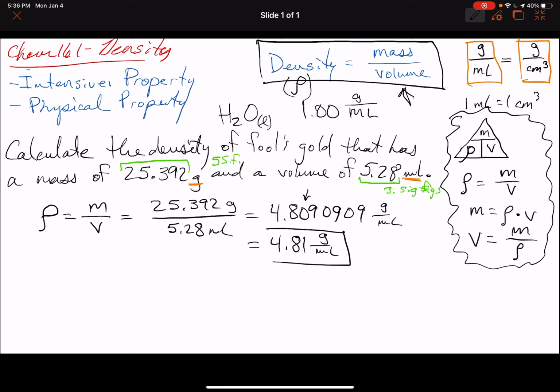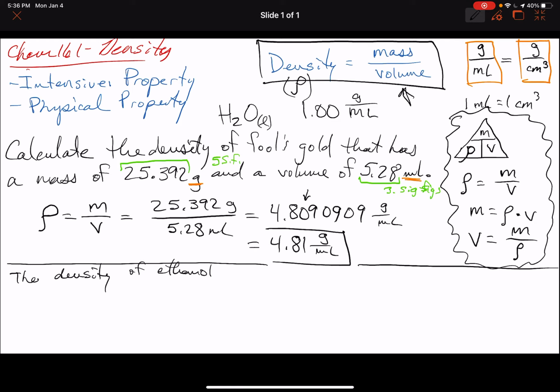Okay. Let's take a look at another example here where we might try to transform units into another. So here we're given that the density of ethanol is 0.789 grams per milliliter.